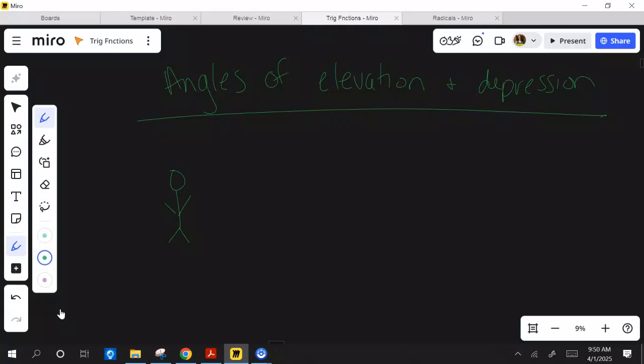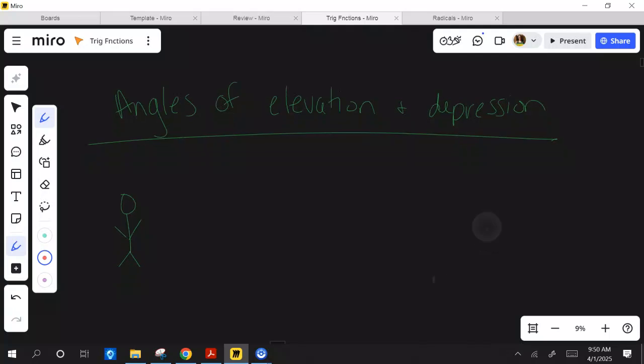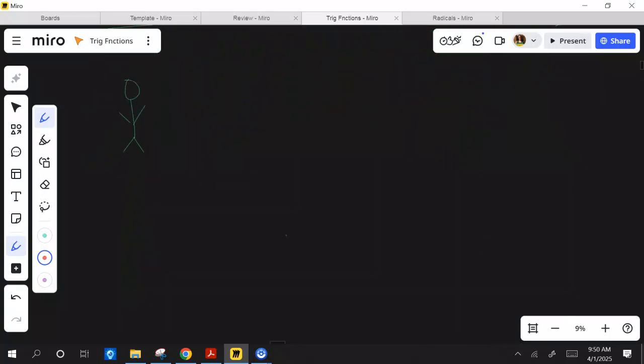Imagine with me, if you will, that whenever you look out across, there are lasers that come out of your eyes that make a line that is parallel to the ground. It's this laser that shoots out of your eye, okay?